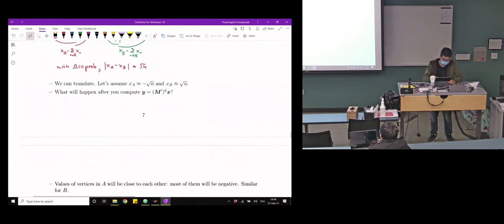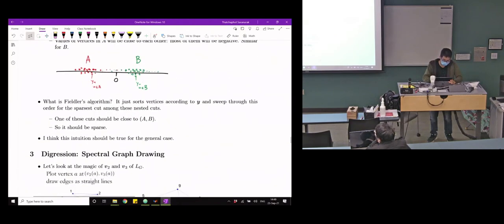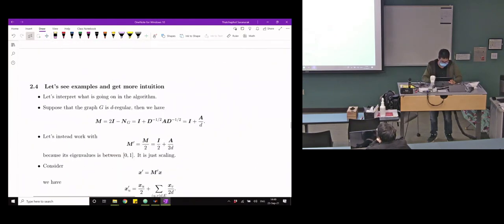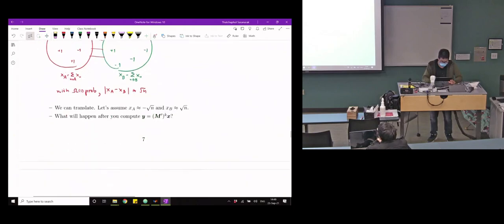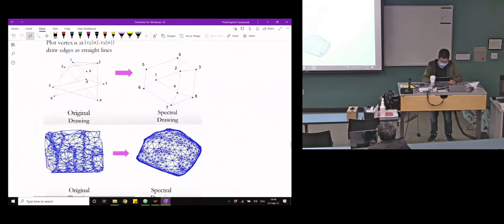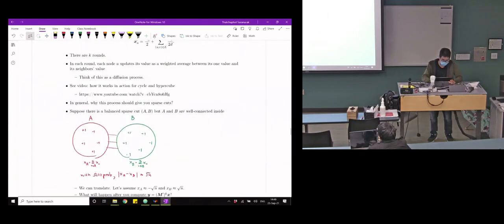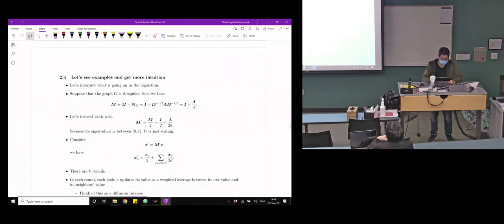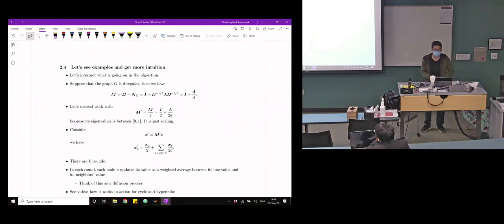I have a lot of intuition to tell you on this thing, but I think I should stop for today. So basically, in the exercise session, you see that the algorithm is super simple, but actually we can interpret the algorithm as some diffusion process, like some averaging process between nodes.